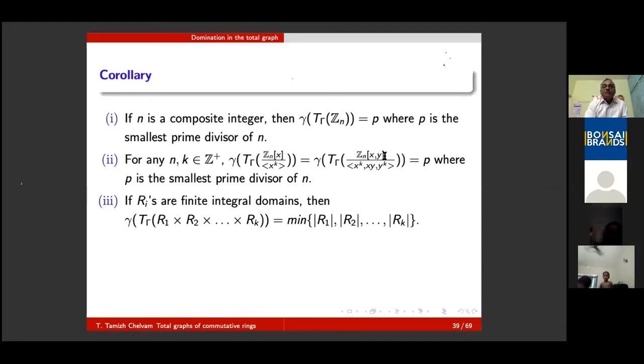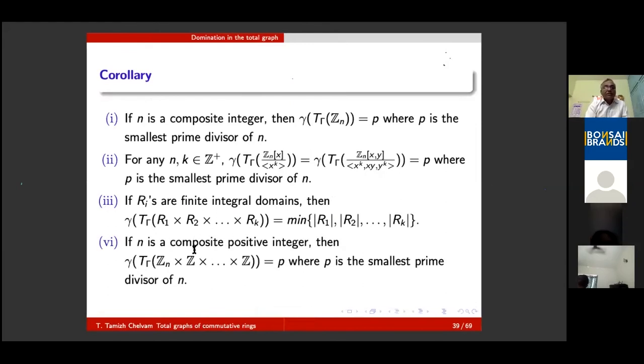In the case of Zn of xy by x power k, xy, y power k, which is again the same category of right hand side. In the case of some k integral domains, this property is 2. In the case of an infinite commutative ring, direct product of Zn times Z, the integers, etc., which is also on the right hand side. So these are the classes of graphs for which the bound on the right hand side is actually attained.